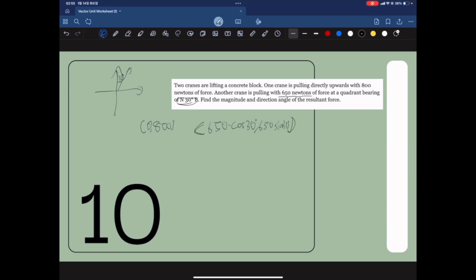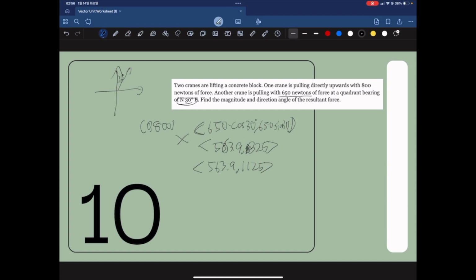Now, if we calculate these two, we get 325 and 562.9. Now, what we can do is we add these two for our total component. So then we get 325, 1362.9. Boom.